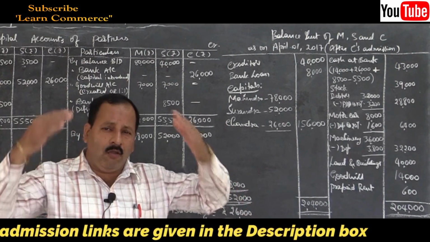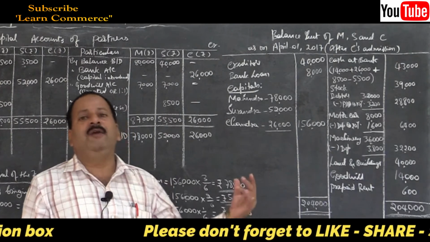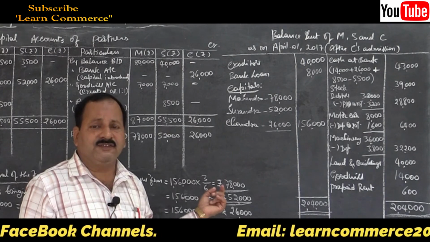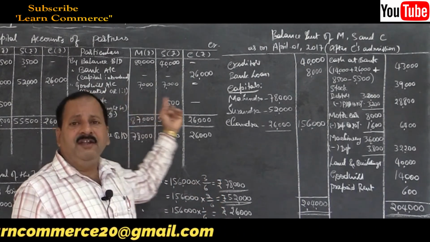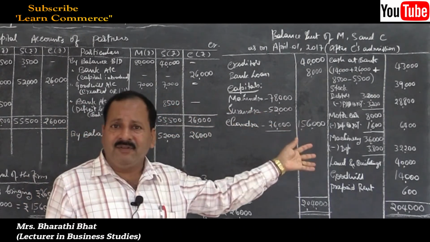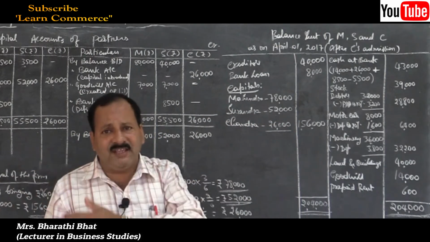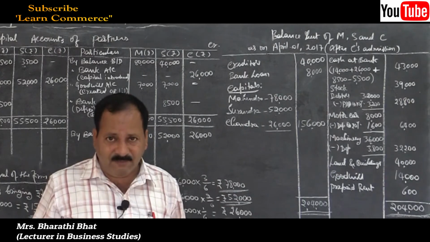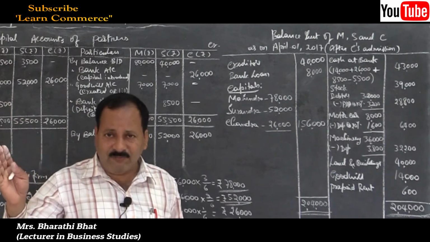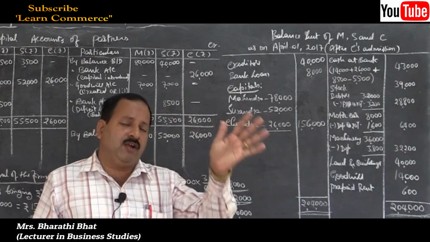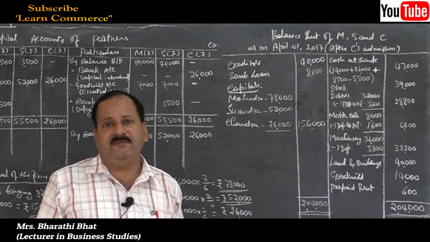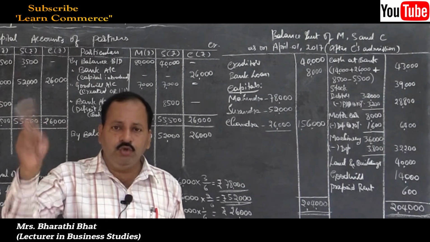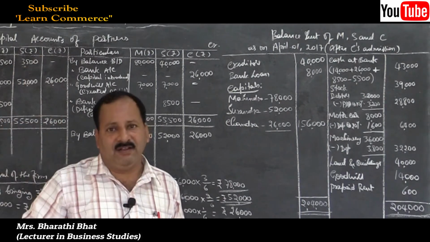After making all the entries, we have to calculate the total capital that should be there in their capital accounts, write it to balance carry down, then balance it, write by cash or to cash or by bank or to bank as the case may be. By bank or by cash means deficit brought in; to bank or to cash means excess paid. Done. No confusion at all. Base is new partner share and his capital. That is the base.